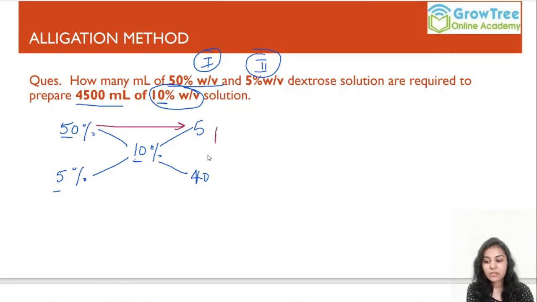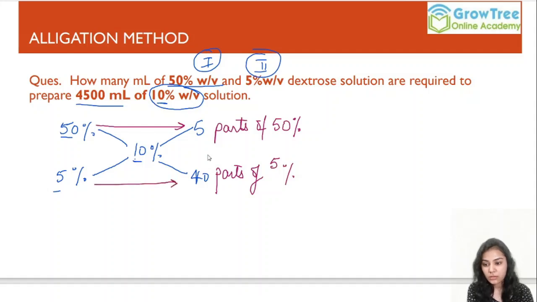So that means 5 parts of 50% solution and 40 parts of 5% solution are required.